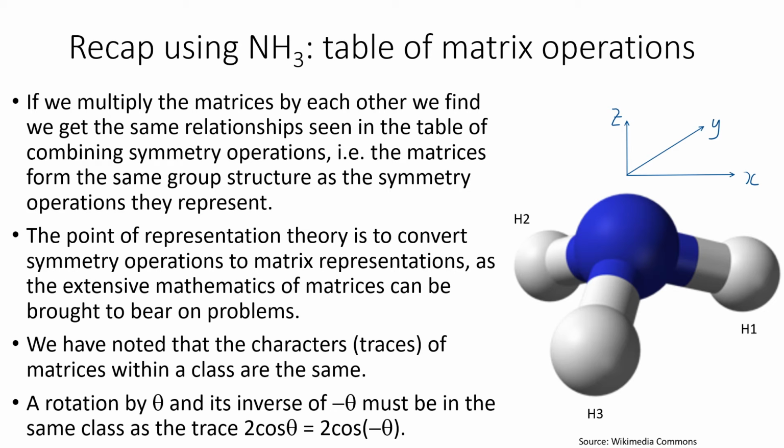So it stands to reason that these operations and their inverses, because all operations must have an inverse by our theory of groups, it's one of the requirements for group behaviour. You may remember groups have to contain the identity, and operations must have an inverse. These were 2 of the conditions. So it follows that the inverse of an operation must correspond to a matrix with the same trace, the same character, and they get put in the same class, the symmetry operation and its inverse.